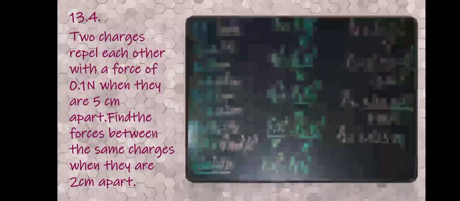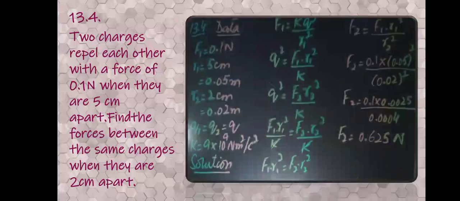As there are two cases, we have to use 1 and 2 with the variables. As F, R and Q are variables, we have to write F1 0.1 Newton, R1 5 centimeter. Centimeter is not an SI unit. You have to change it compulsorily before starting the solution.